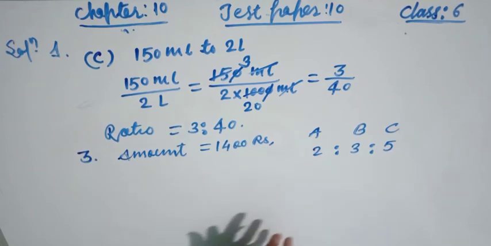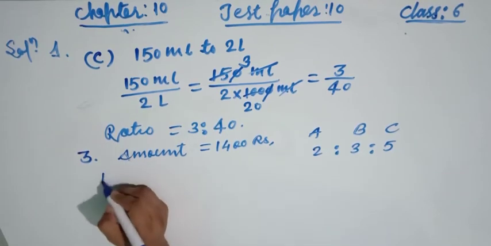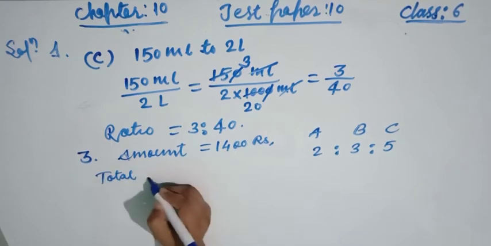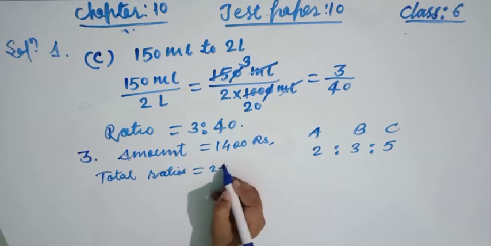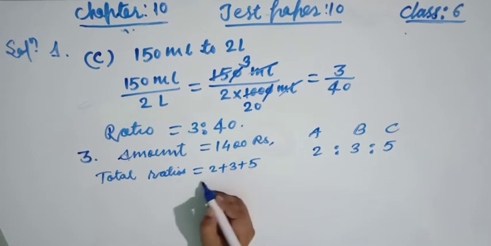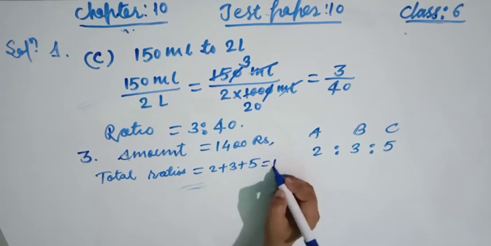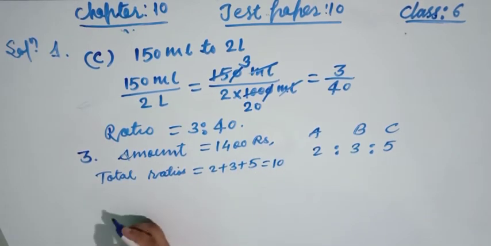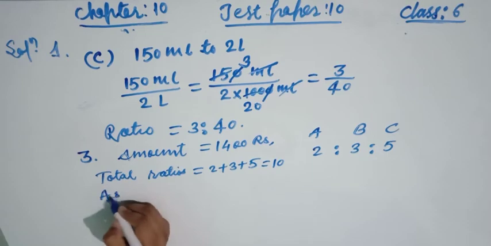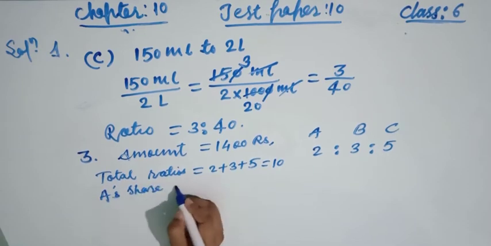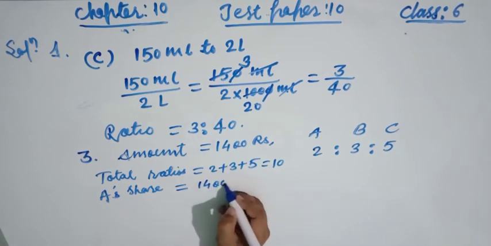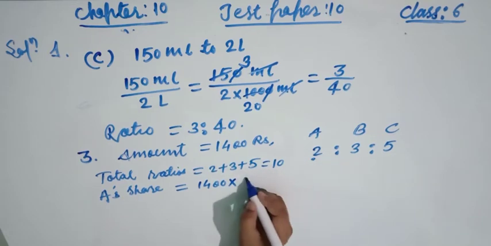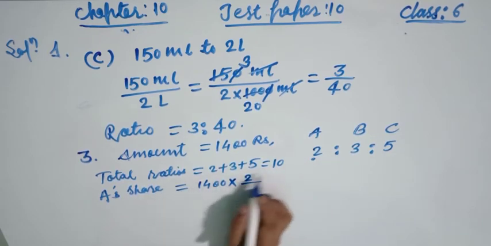Now here there are 2 ways to find out. First, the sum of total ratios: 2 plus 3 plus 5 becomes 10. Now for A's share, this is very simple: 1400 as it is, multiplied by A's 2, and divided by the total sum of ratios, 10.